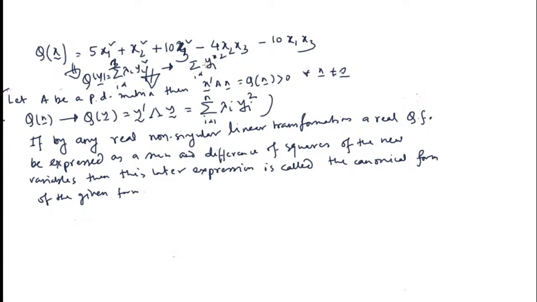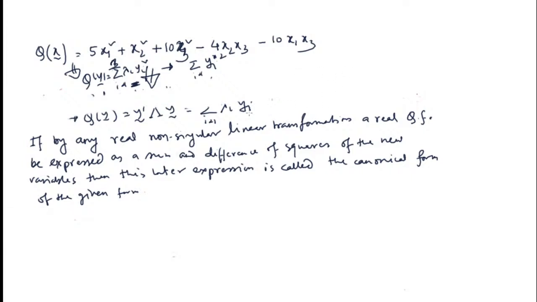This is a normalized form whose coefficients are all 1s, otherwise this is a canonical reduction. Now the problem is to convert this to canonical reduction or normalized form. Normalized form is also a canonical form.